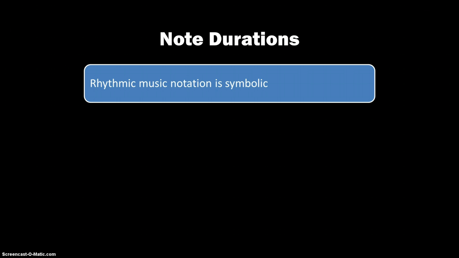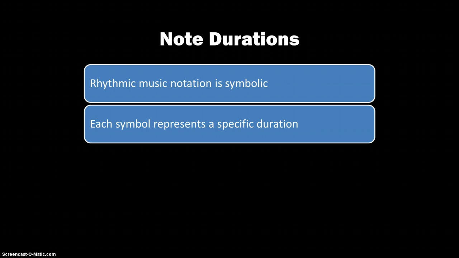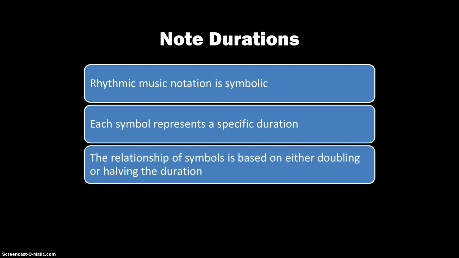Some things to remember. Music notation is symbolic, so we're not using any sort of graph system for rhythm. We just have to memorize what the symbols mean, and then we use those to figure out what the rhythm is. Each symbol that we're going to talk about represents a specific duration, and the relationship between the symbols is almost always based on either doubling or halving the duration.